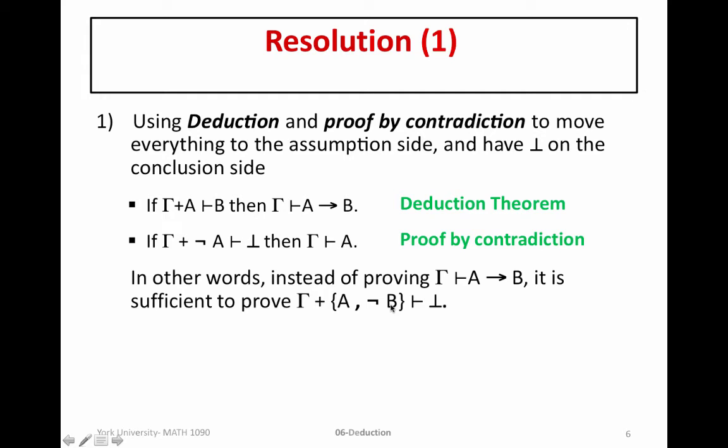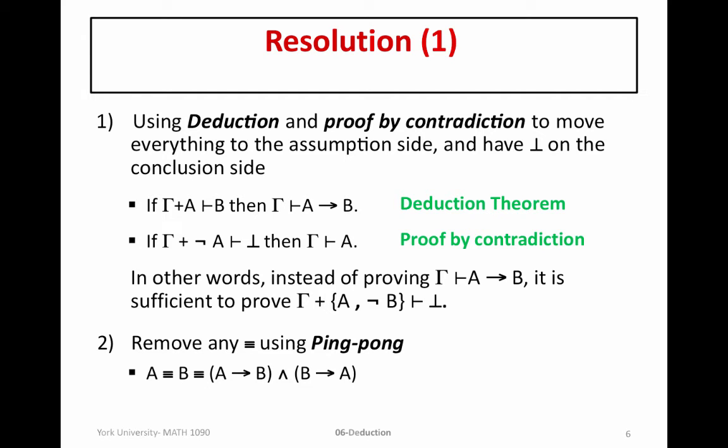And the next step is to ensure that all of these assumptions contain only connectives or and not. So, for example, if one of our assumptions involves the equivalence, we can apply the ping-pong theorem to translate that equivalence to a different statement.